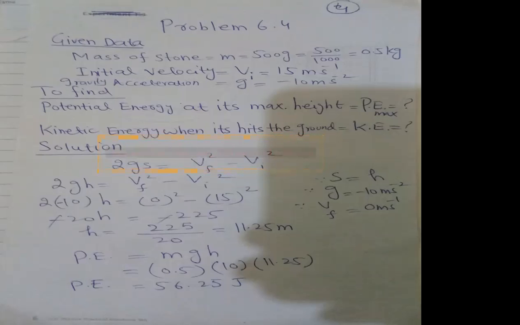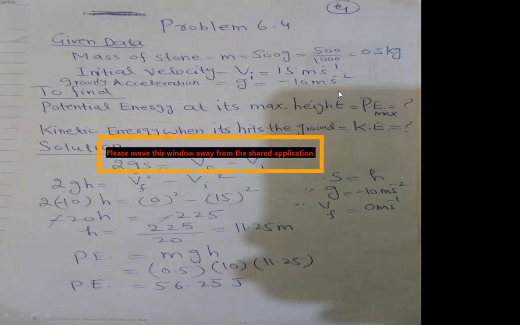So my required equation will be 2gh equal to vf square minus vi square. Now I am just putting in the values. g is equal to minus 10, as I have already told you. Whenever the ball is thrown vertically upward, the acceleration due to gravity will be negative, because work is done against the gravity.